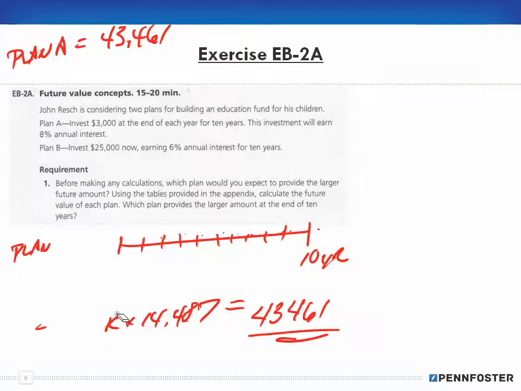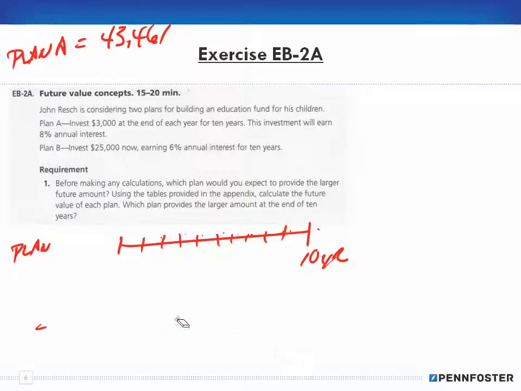Okay, so with plan B, we're investing $25,000 today, and we're earning 6%, and we want to know how much it is at the end of 10 years. So investing $25,000 today as a lump sum, we want to know the future value.